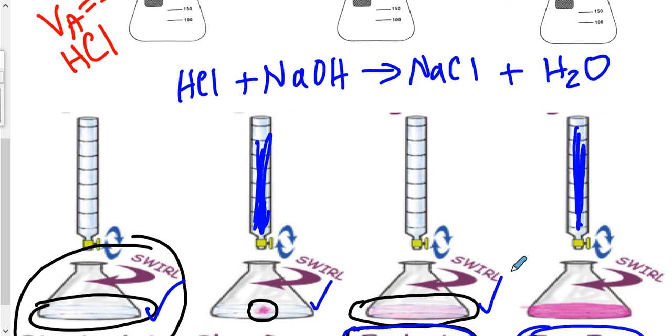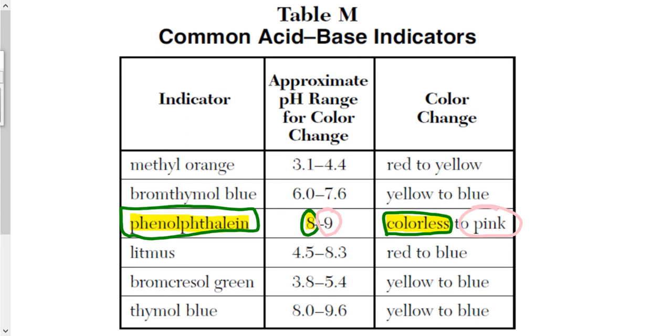So even though it's an acid-base solution, we are considering the color change as an endpoint, but in real life, we still need to understand that especially for phenolphthalein, when we see the color pink, it's actually closer to the basic solution, right? Because the pH is, if we go to the reference table, Table M, we can see that anything that is 8 or lower, phenolphthalein would be colorless.